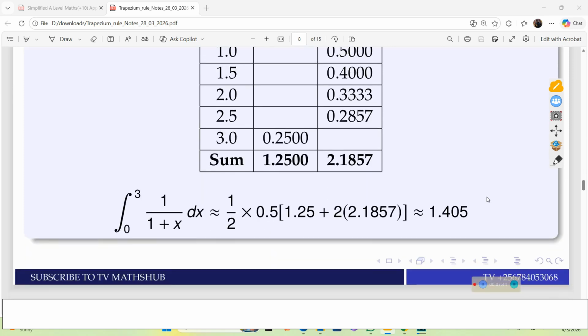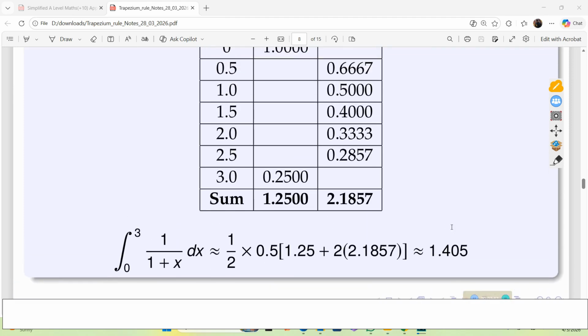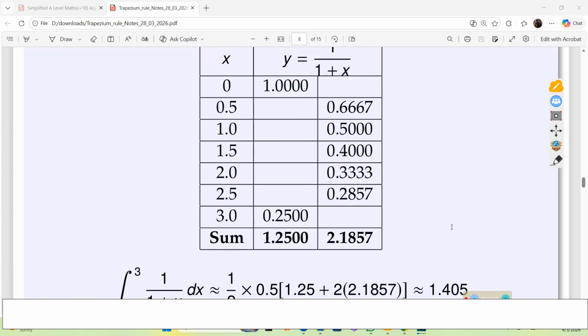So the integral from 0 to 3 of 1 upon 1 plus x dx will be approximately equal to, the formula is a half times d, our d is that, then into this value, which is the sum of the extreme values, plus 2 times the sum of the middle values. As we said, the middle values are always multiplied by 2.